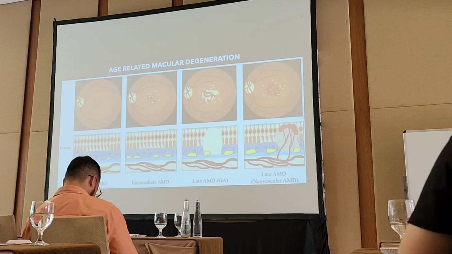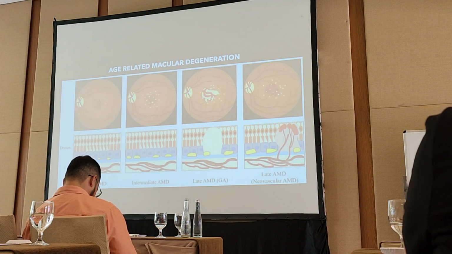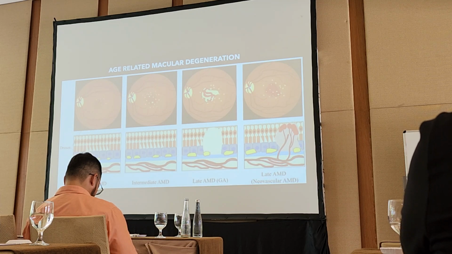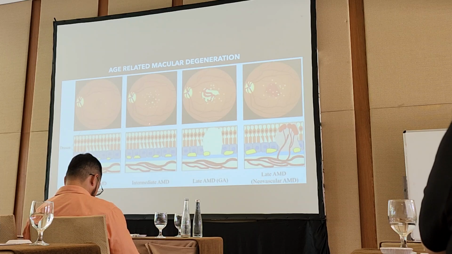Okay, there's age-related macular degeneration. Are you familiar with AMD? Yeah, sure. So this diagram over here shows an early AMD, where there is a deposit of drusen on the Bruch membrane of the RPE. And then in intermediate AMD, increased number of drusen, and also the volumes, the numbers and also the size.